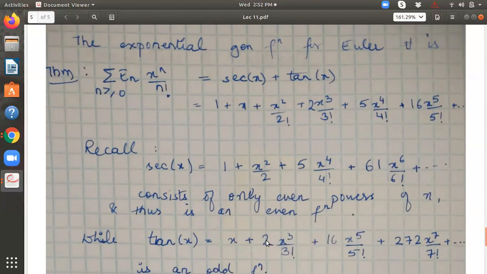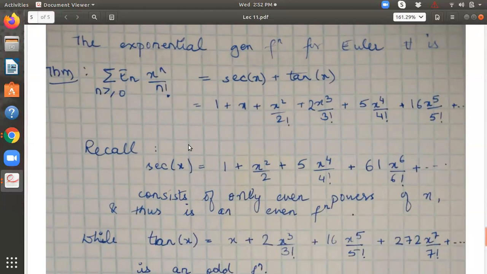So for this entire expression, there will be a minus of this entire thing, with all the terms inside in plus. Okay, so tan of minus x is actually minus of tan x. Therefore, tan x is an odd function.